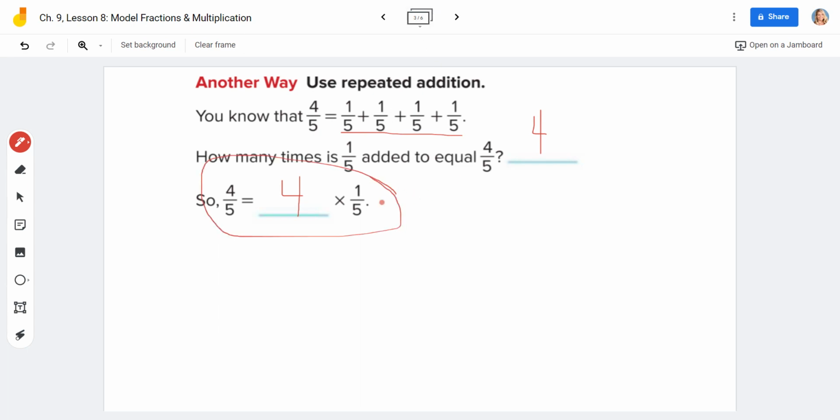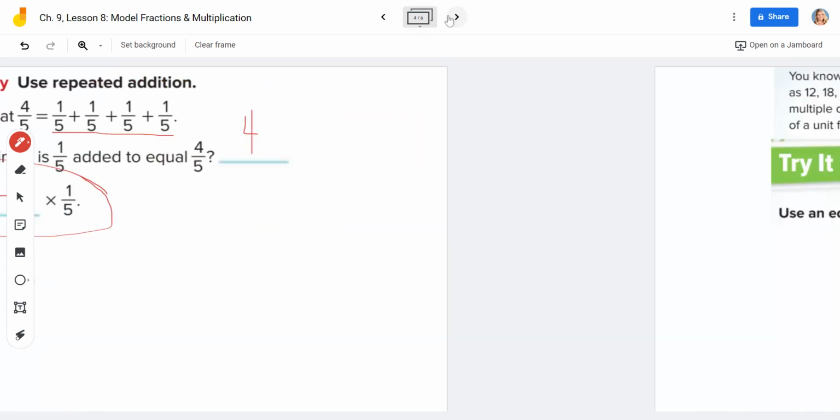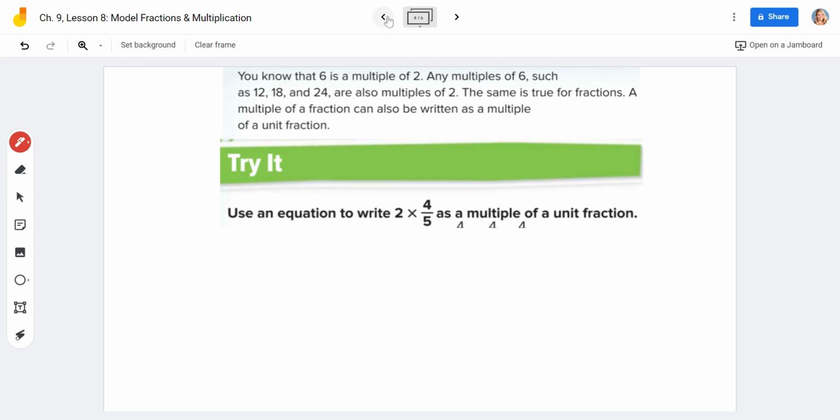So there's my answer. All right. So let's keep our equation in mind from our first example. 4/5 is equal to 4 times 1/5. And this is writing my fraction as a multiple of unit fractions.